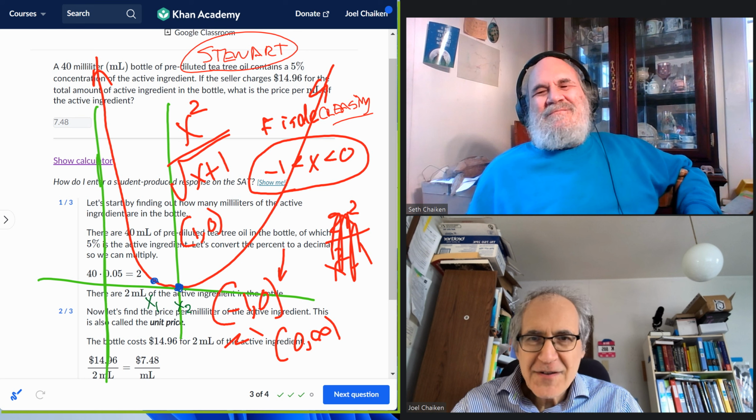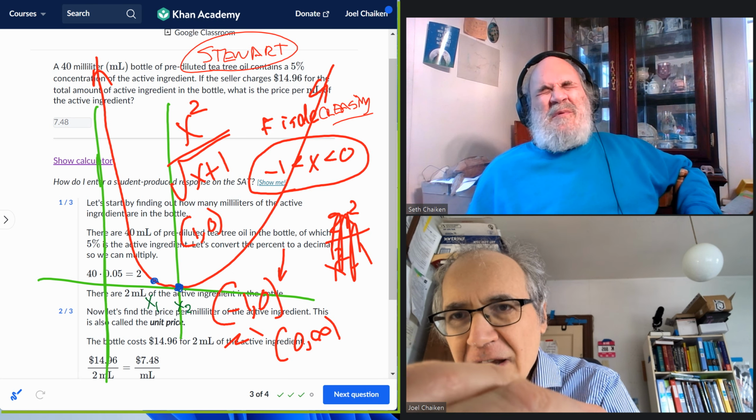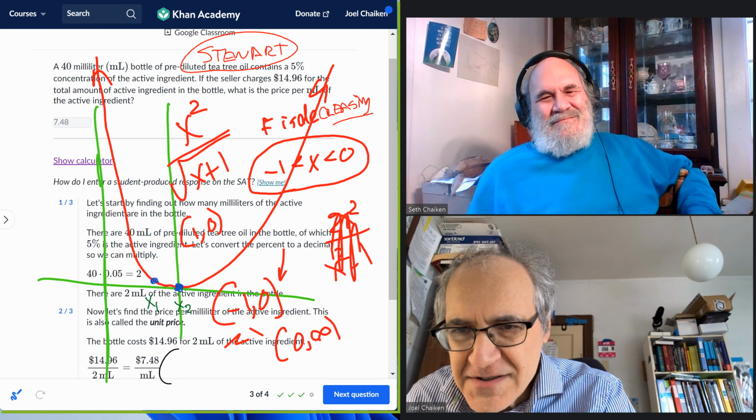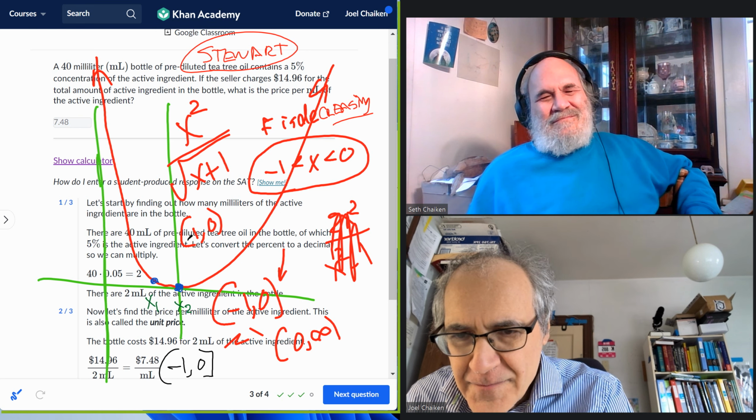Okay, so that would have the equal sign on 0. Yeah, and it's usually denoted with a bracket instead of a curved parenthesis. So it's -1, 0, like that. That's right.